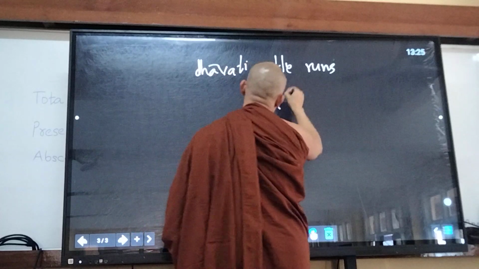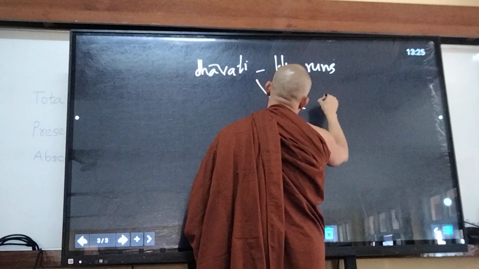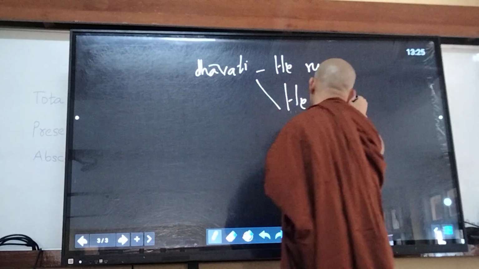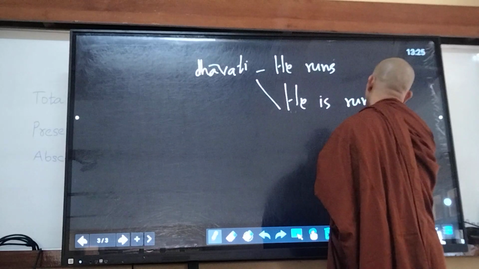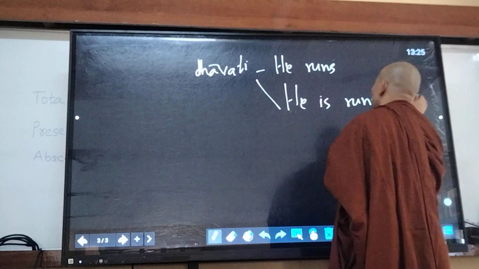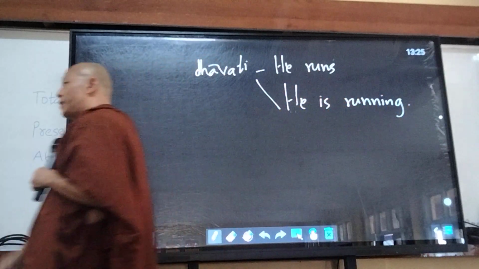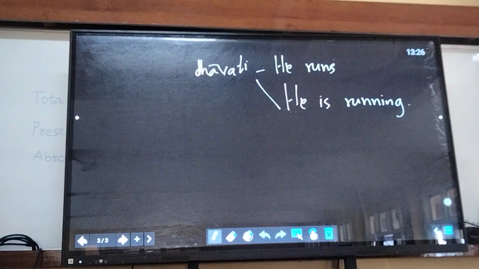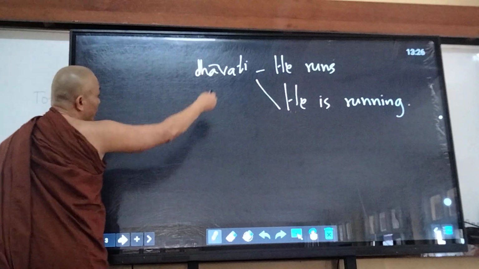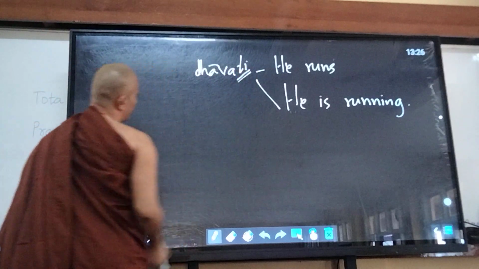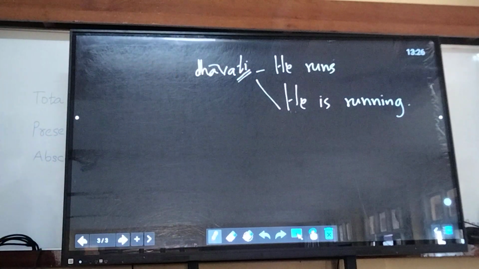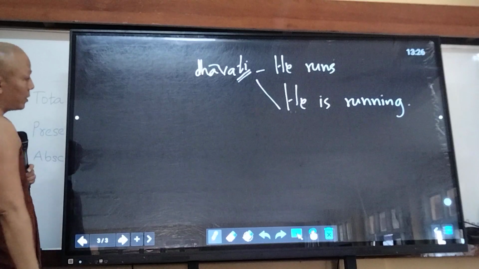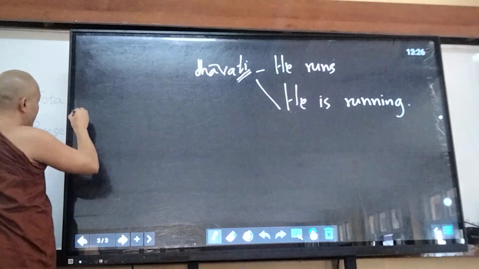But sometimes it is also he is running. So we do have the continuous tense in Pali, and based on the context, that can be understood. So even though it is present tense, based on the context, sometimes we can understand he ran. Sometimes he is running.